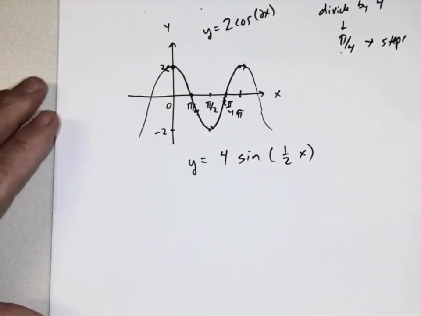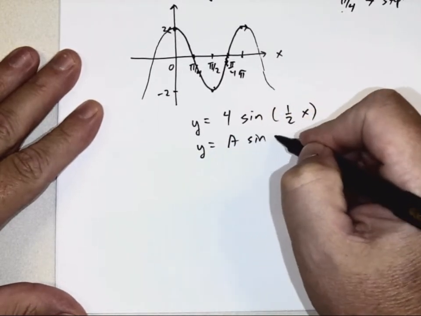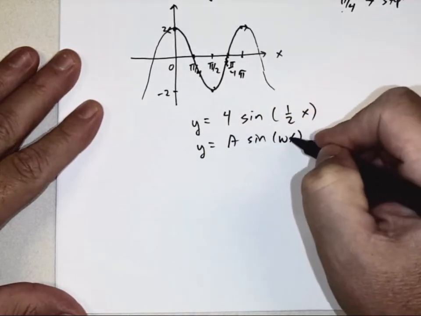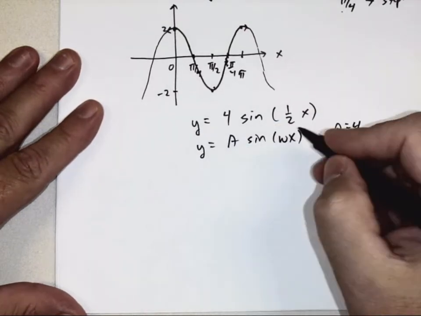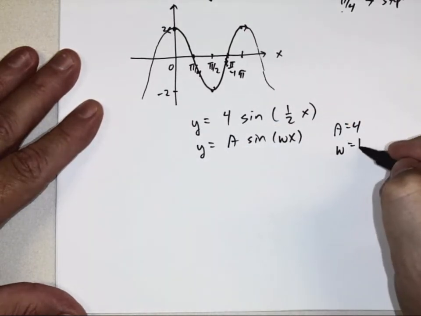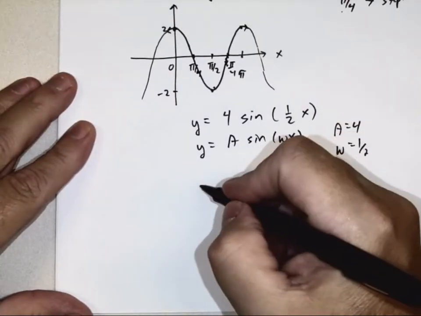But the key is, once again, A is 4, omega is 1/2. In order to graph this, I need to know the amplitude.